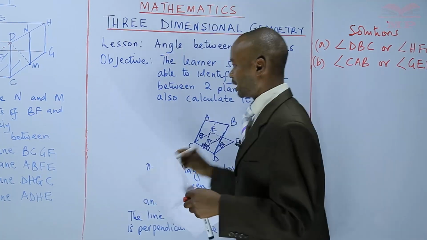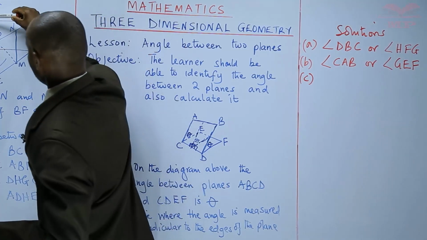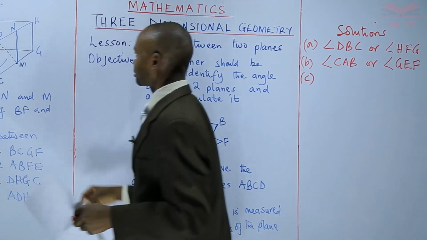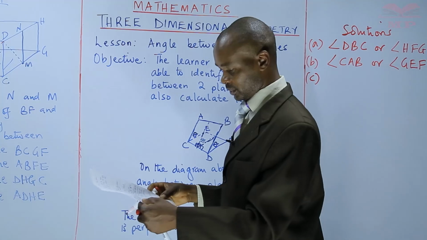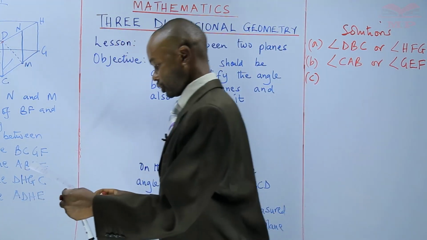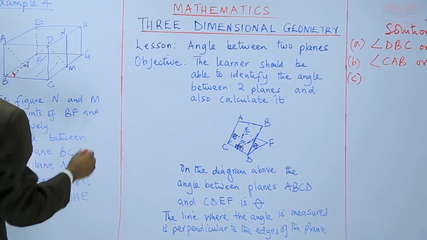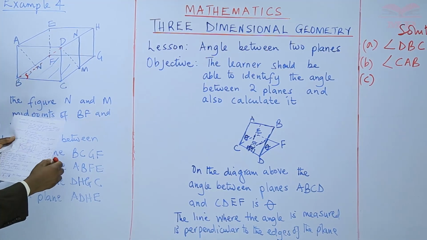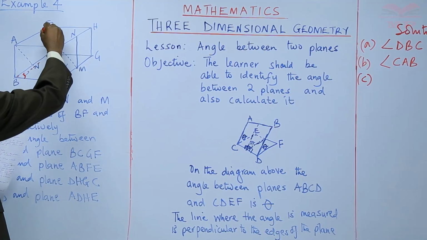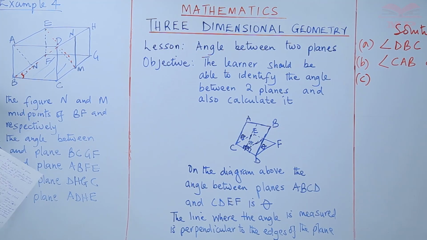We move to the third one, C. EM, we look where EM is. EM and plane DHGC. They are looking at this angle.